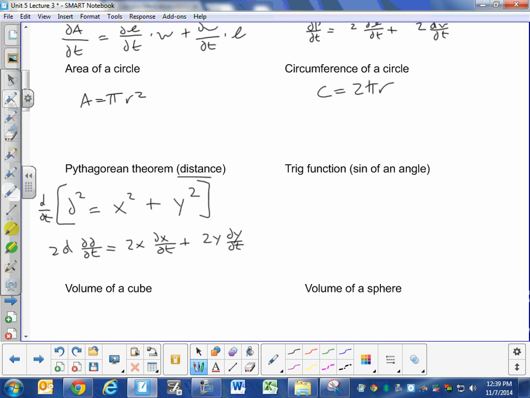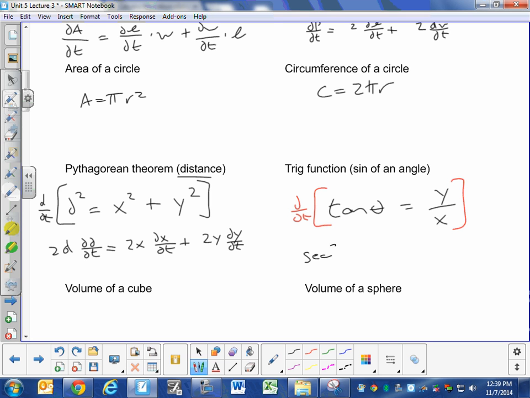We can keep going on for other things, like a trig function of an angle. Tangent of an angle is equal to the opposite side, which is a y distance, over the adjacent side, which is a horizontal x distance. You can take the derivative of that with respect to t. Why don't we just do that, and then we'll move on. I'll just do the left side. I don't want to do the quotient rule on the right side.